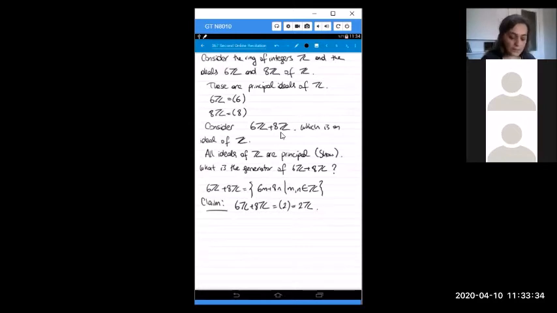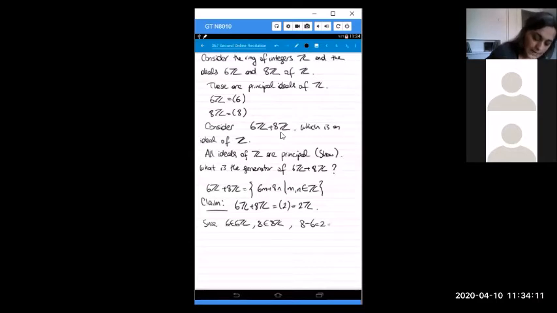Okay? For this claim, we are going to show two sides of the inclusion. First we are going to show that 2 lies in the ideal 6Z plus 8Z. And for this one, it is very easy, since 6 is an element of 6Z and 8 is an element of 8Z. Then we know that 8 minus 6 is equal to 2.